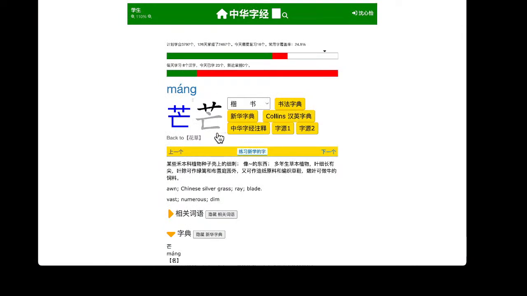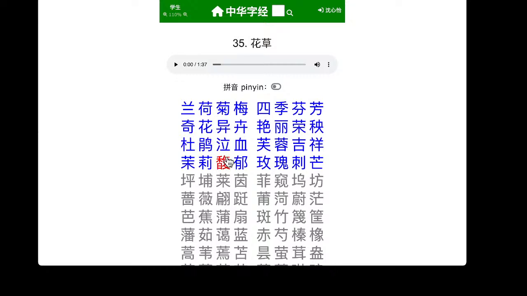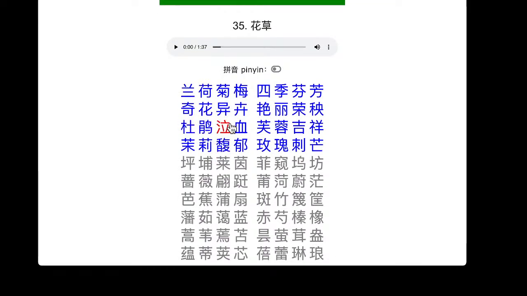Let's look at a sentence. Now this sentence is very simple. 杜鹃泣血, 芙蓉吉祥. 杜鹃泣血 is a legend, because the 杜鹃, that bird, when it calls, sounds like somebody is crying.